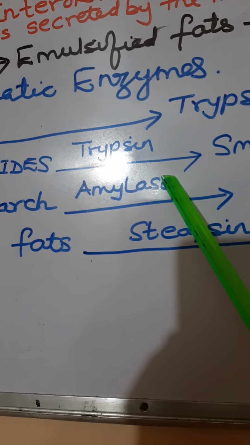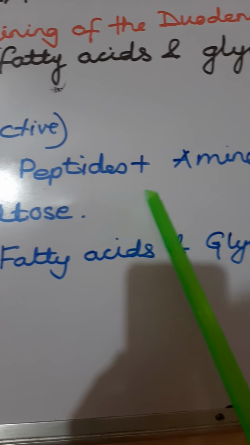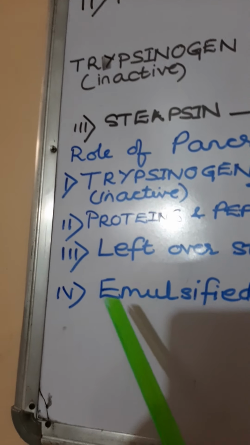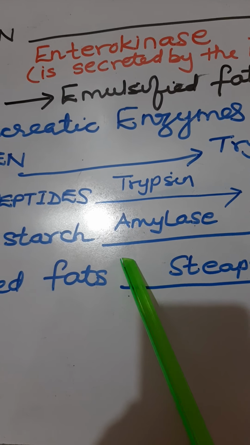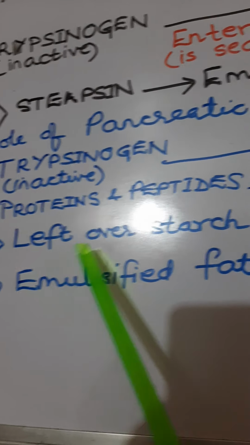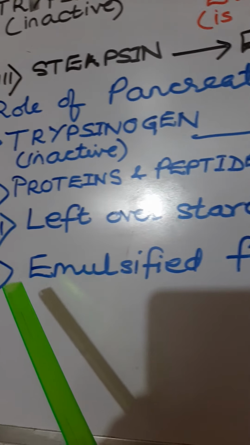With the help of trypsin, they are converted into smaller peptides and amino acids. Then leftover starch. Amylase acts on leftover starch and converts it into maltose.